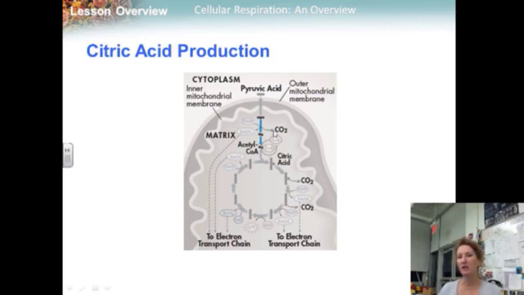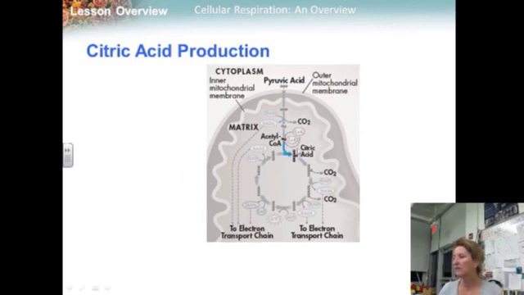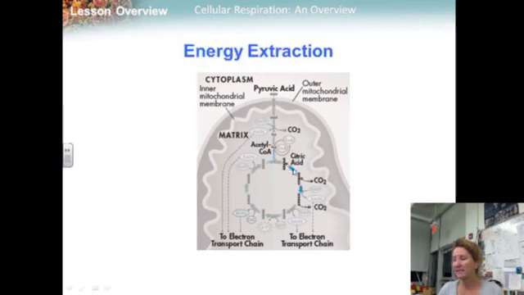The 2 remaining carbon atoms react to form acetyl-CoA. All right. So acetyl-CoA is a 2-carbon molecule, combines with a 4-carbon molecule, which was already present because remember it is a cycle, to produce citric acid. The citric acid is then broken down or oxidized.